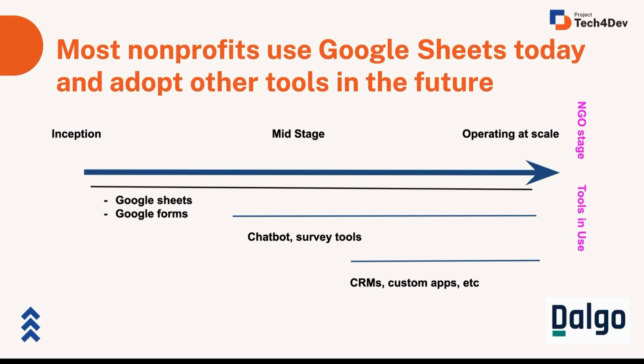So the tendency is to naturally incline towards Google Sheets and Google Forms, because they are free, flexible, familiar, and easy to collaborate on. Later when we gradually grow, we tend to shift towards using chatbots for specific interactions, communications, reminders and nudges to our beneficiaries, to help them engage with the program more and be reminded of updates.